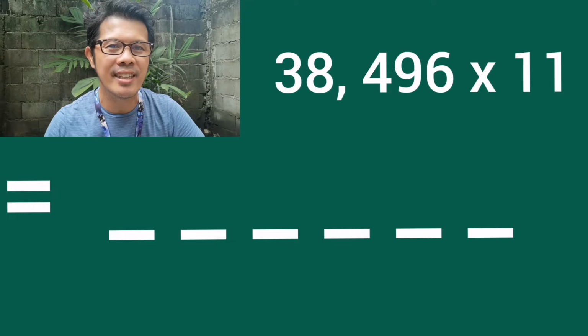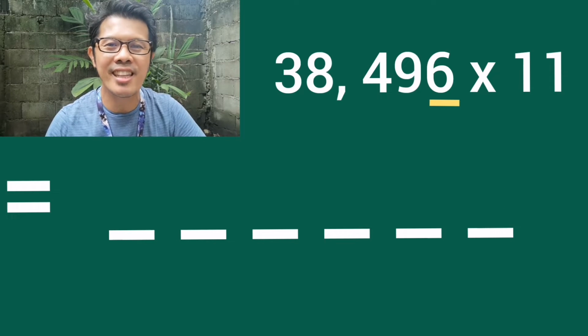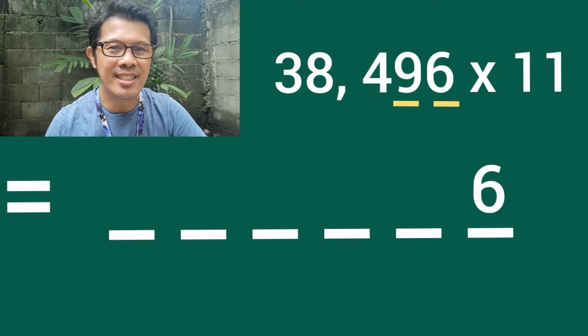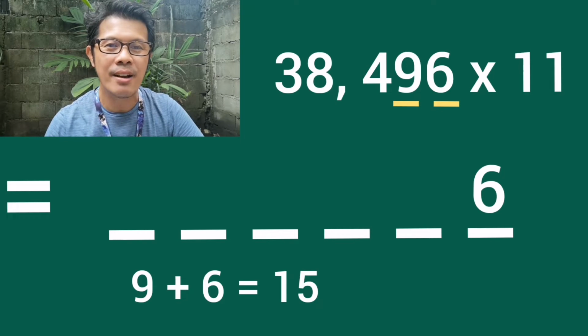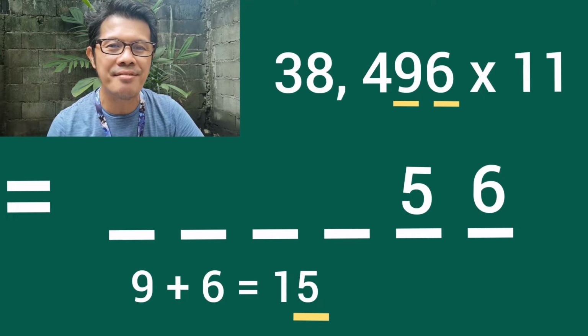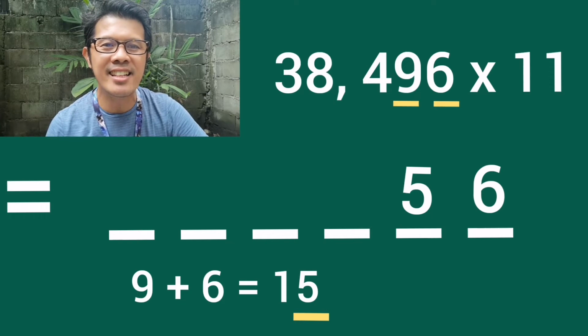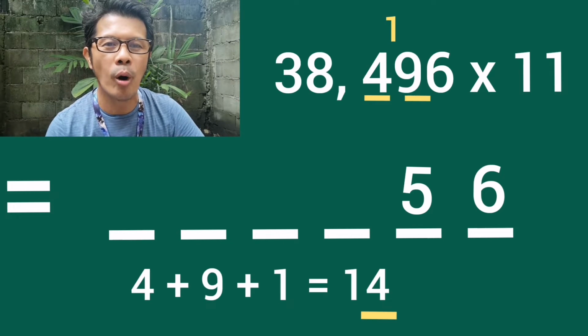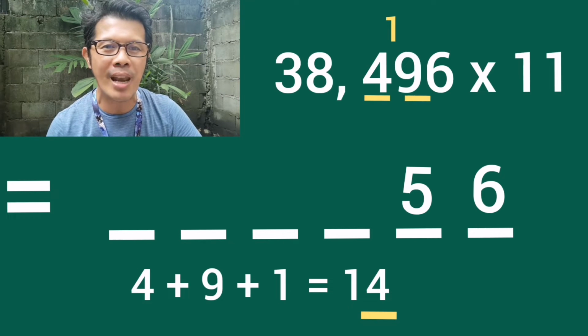In 38,496 times 11, copy 6 as the units digit of the product. Then add 9 and 6, which results to 15. From here, copy 5 as the tens digit and carry 1 to the sum of the next consecutive digits, 4 and 9. So 4 plus 9 is 13, plus 1 is equal to 14.